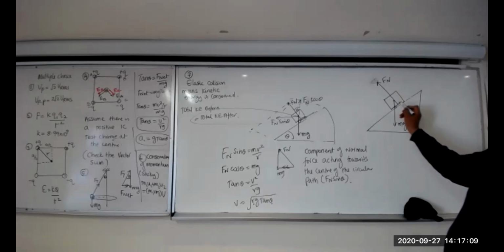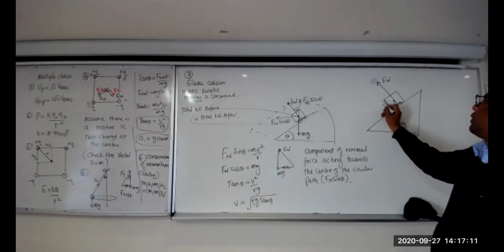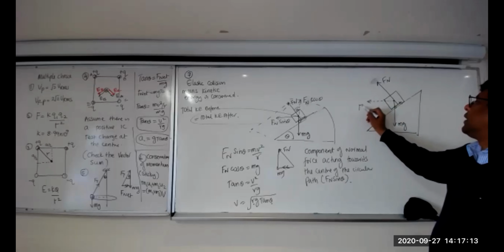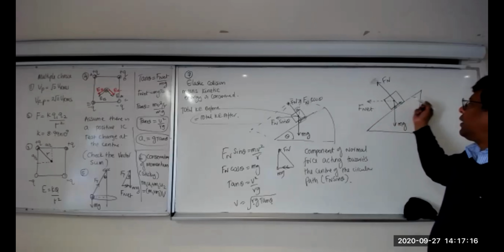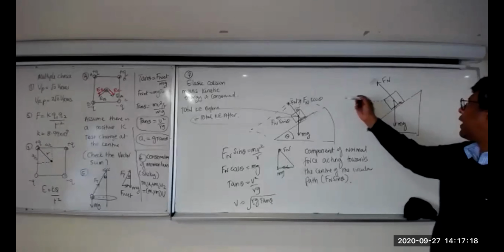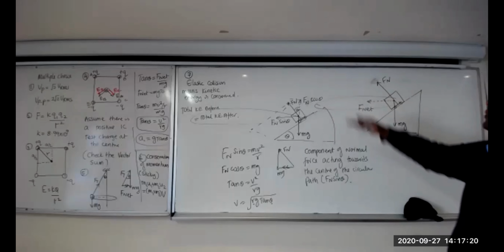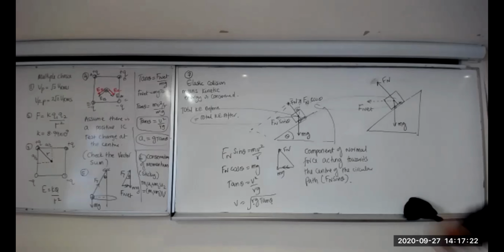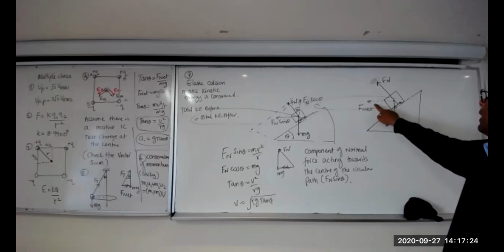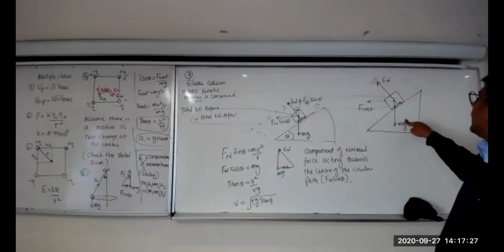In some cases, they can ask you to draw a dotted line to show the net force. The net force should be a flat horizontal line toward the center, not along the incline. You only do this when they ask you to. Otherwise, you stick with the mg and Fn, that's it.